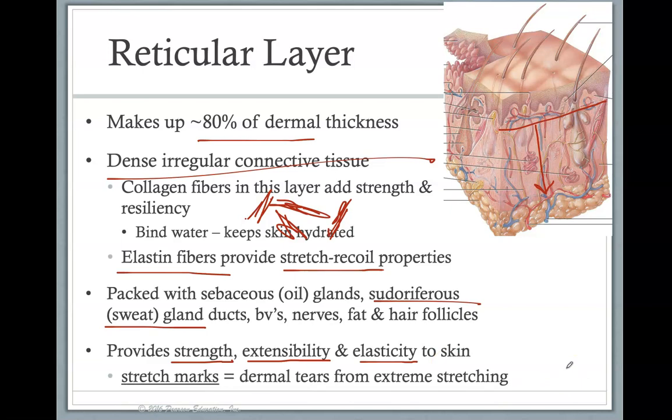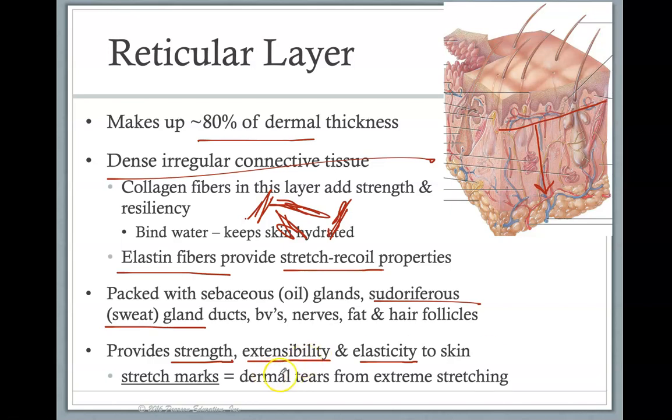Now, when we talk about some things that can go wrong in terms of some of the dermal tissues, not pathology exactly, typically if you grow really rapidly in an area, oftentimes this happens during pregnancy, right? Your stomach expands fairly rapidly, and the skin is stretched very rapidly, to an extreme level.